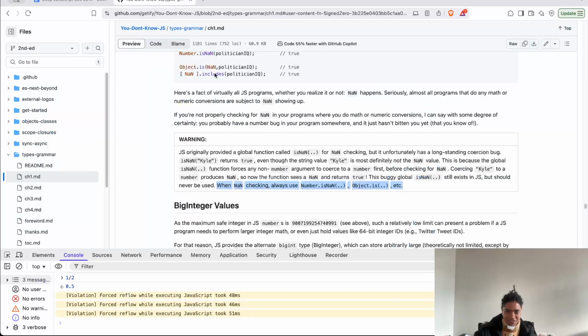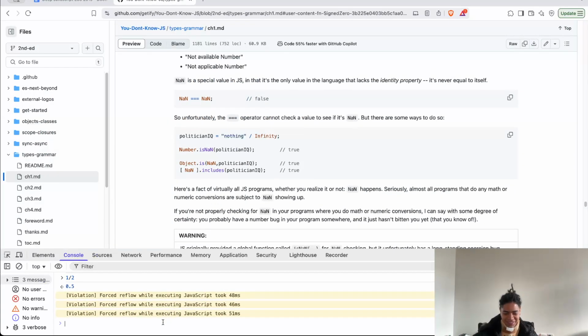This politician IQ, I love it. Politician IQ is equal to nothing divided by infinity.